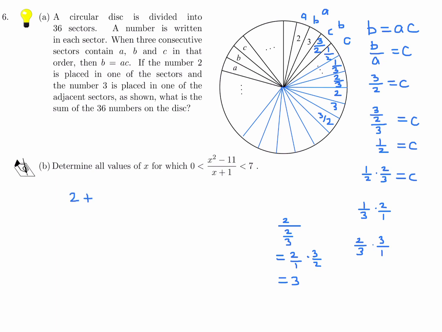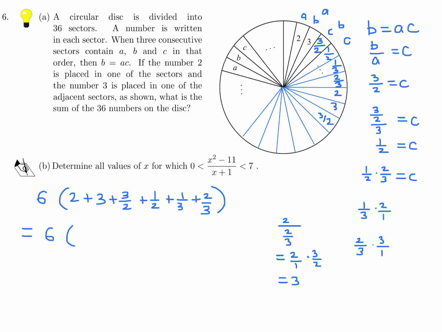The pattern is 2, 3, 3 over 2, 1/2, 1/3, and 2 over 3. And that repeats itself. It's a 6-number pattern, and there's 36, so 6 times.